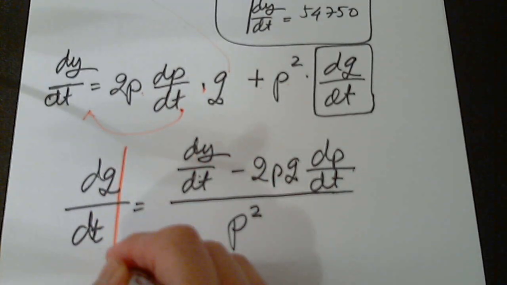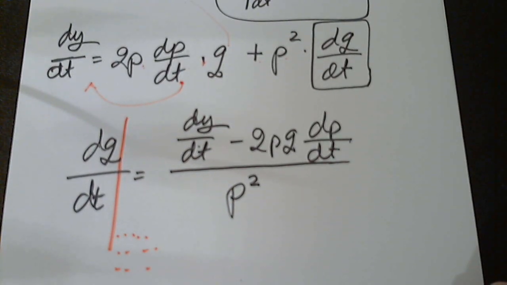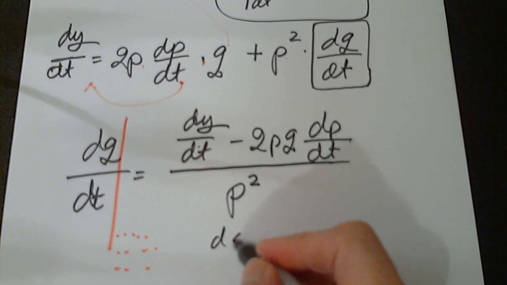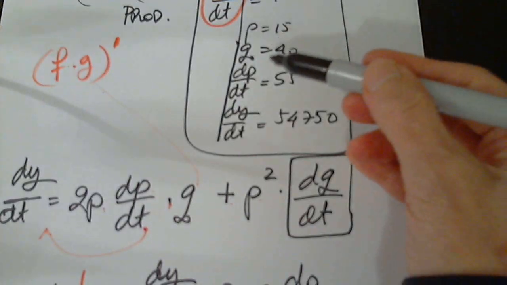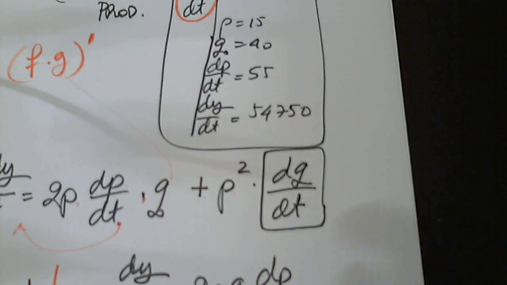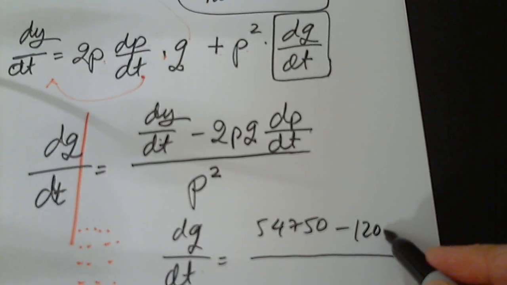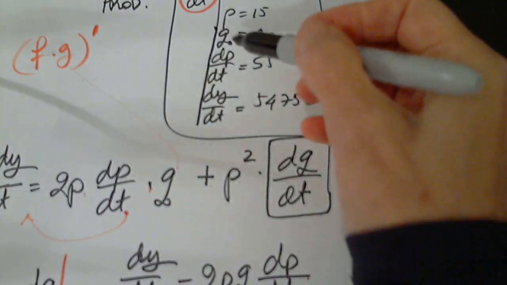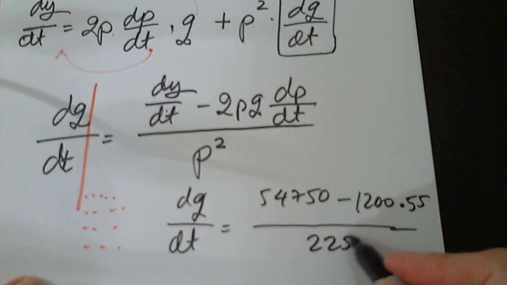Now I'm going to enter everything to determine this value. So dq over dt equals dy over dt, 54,750, minus 2 times p, 30, times 40, times dp over dt, 55, over p squared, 15 squared, 225.